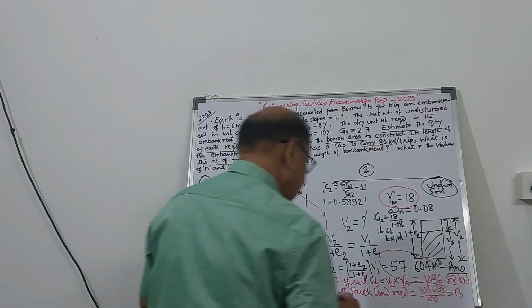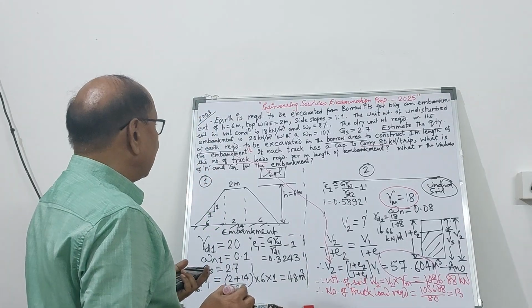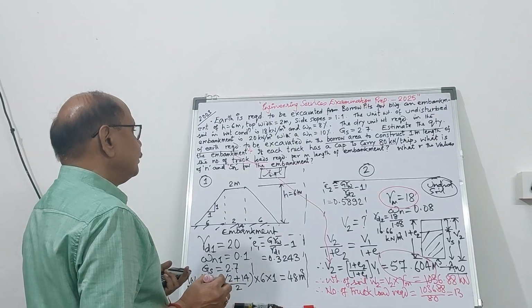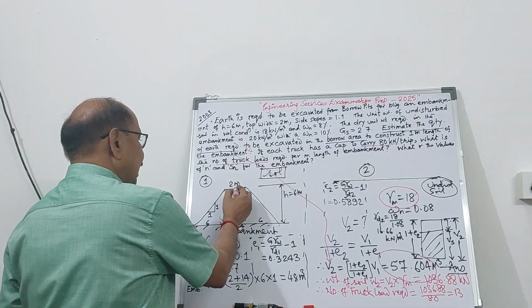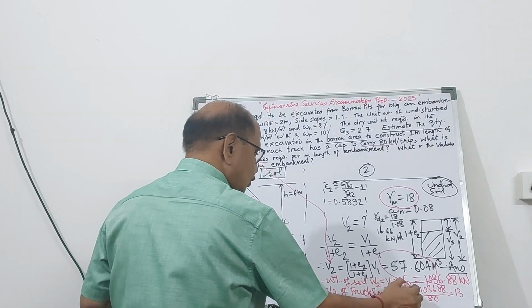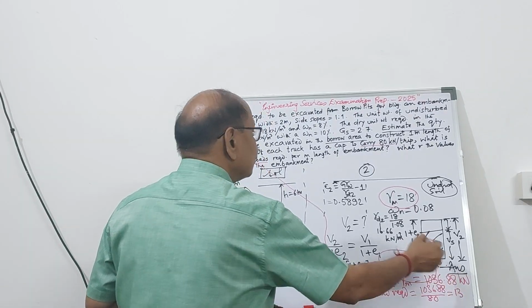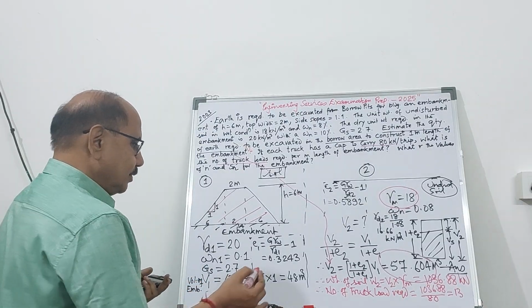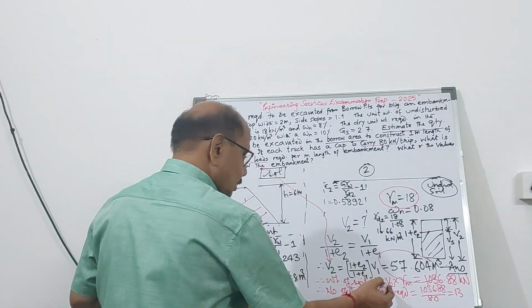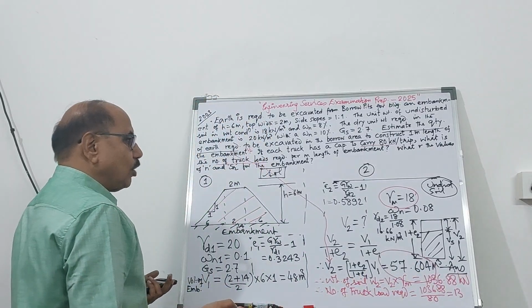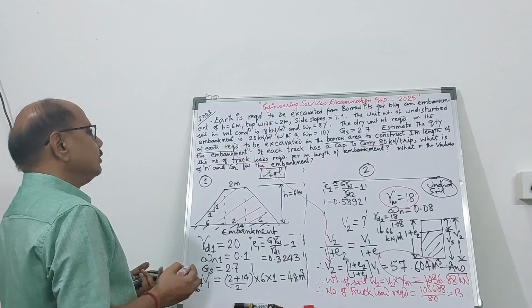13 truckloads are required for constructing the embankment. So in 13 trips you will be able to carry the total weight of the soil, which is 1036.88 kilonewton.